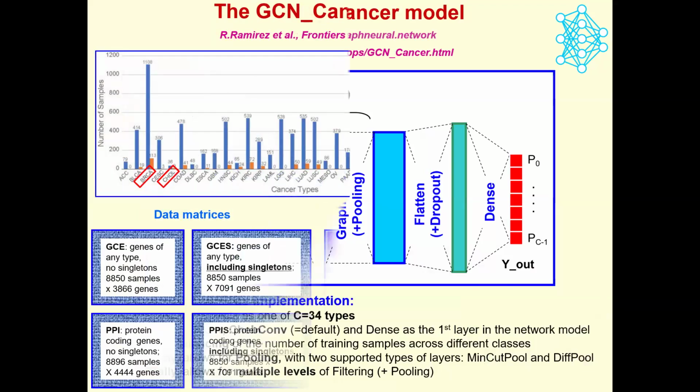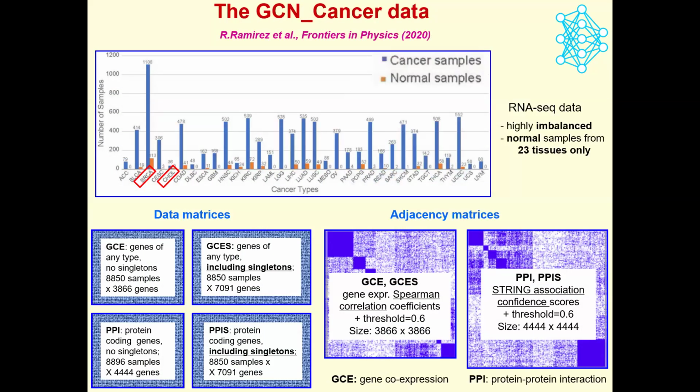Thank you. Gennady, to clarify though, PPI still uses gene expression as the node values. It just uses STRING to generate the adjacency matrix. Is that correct? Oh, that's right. Both the PPI and GCE data sets, or GCES and PPIS, use gene expression samples.